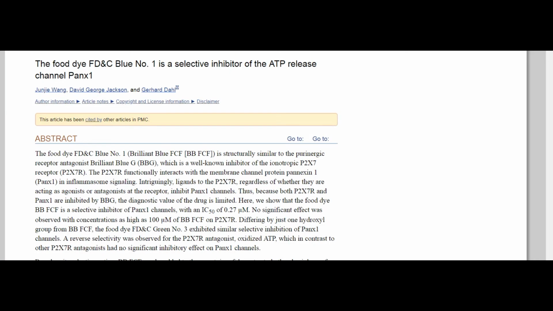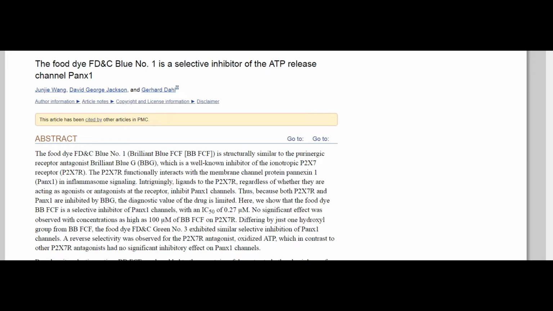One thing that I found really interesting was they analyzed blue food coloring, which we analyzed in class, and based on that spectroscopy, they discovered that it is a selective inhibitor, which means that it stops ATP as a form of energy in our body, and it's for a specific PANX1 receptor in cells.